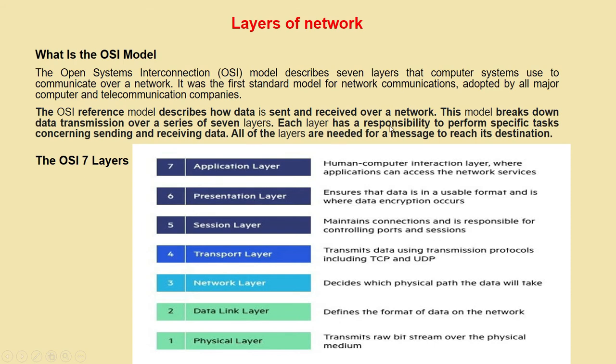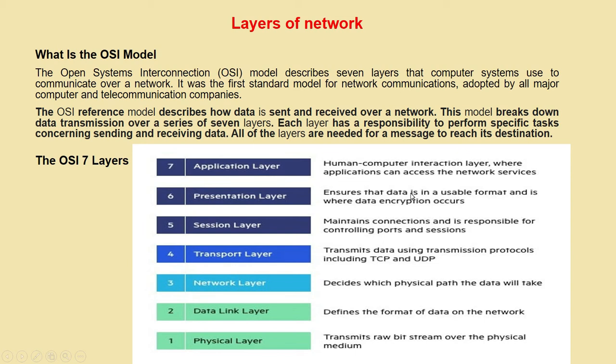Each layer has a responsibility to perform specific tasks concerning sending and receiving of data. All of the layers are needed for a message to reach its destination. The OSI 7 layers are the physical layer, data link layer, network layer, transport layer, session layer, presentation layer and application layer.